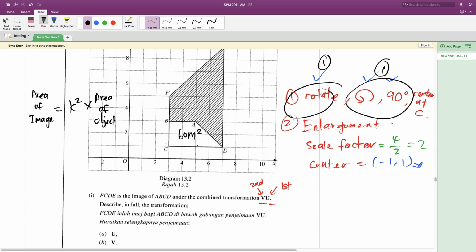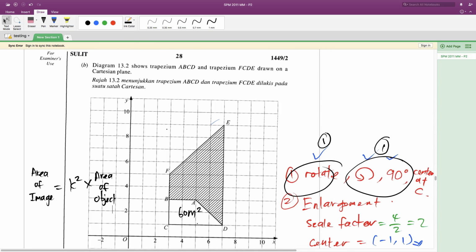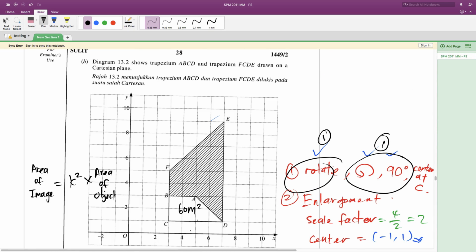So first thing is I will find the big trapezium, the EFCD, the CDEF. In order to find the area of the image, which is the CDEF, I know my skew factor just now is 2, so it's just 2 square multiply my area of object, which is given 60 meters square.